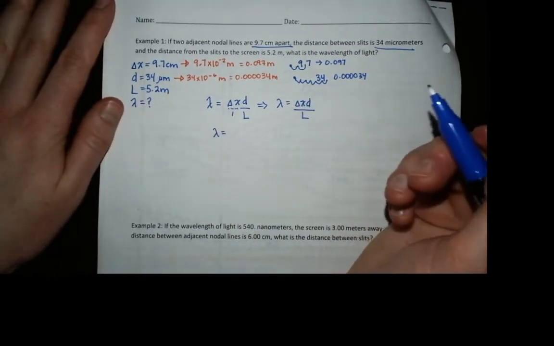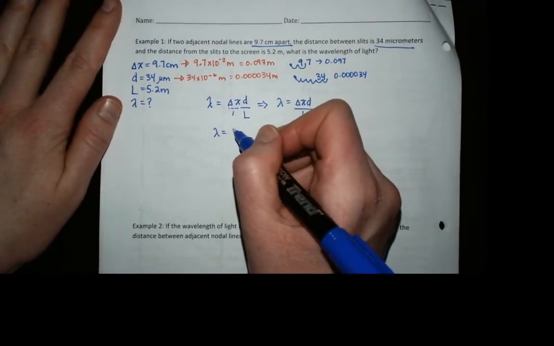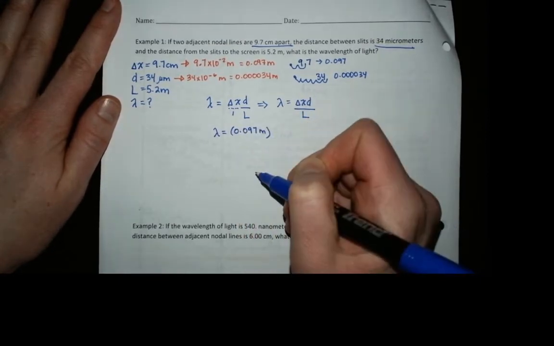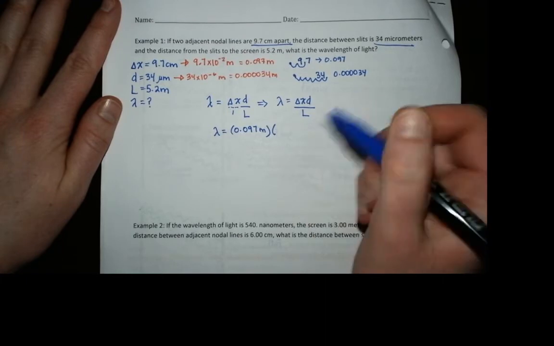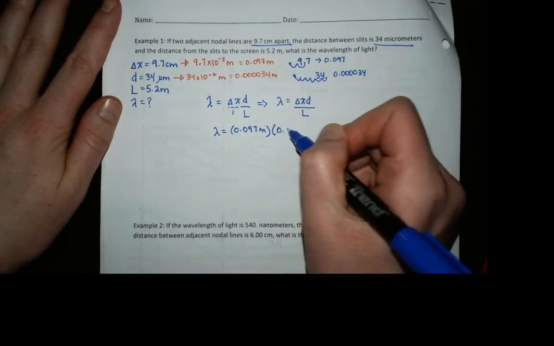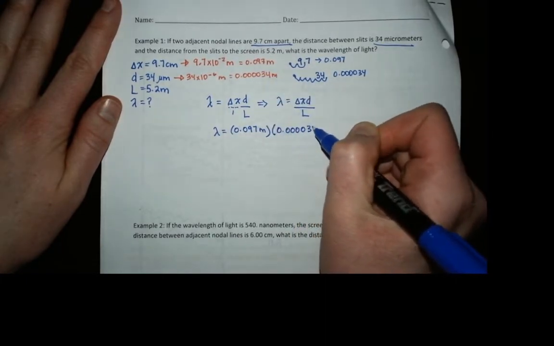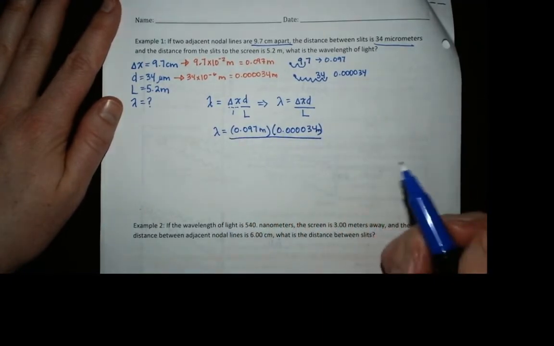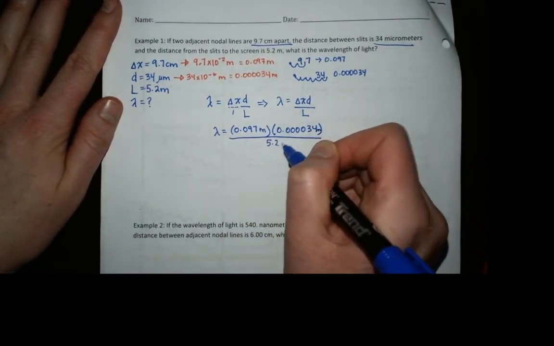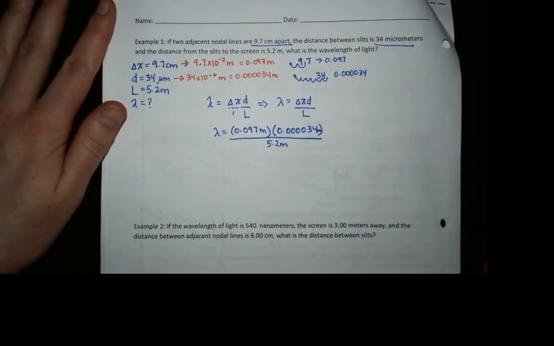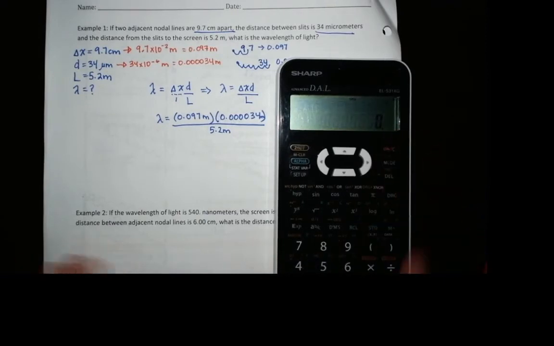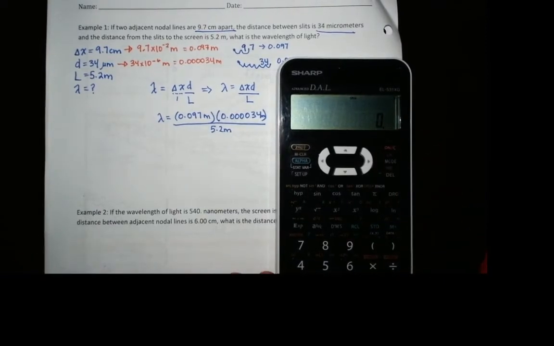So lambda equals delta x. I'm just going to write in the decimals, like so, times d, which is 0.000034, all over 5.2 meters. Okay, when punching this into your calculator, be careful how you're doing it. I like to punch in chunks. I'm a chunky puncher.